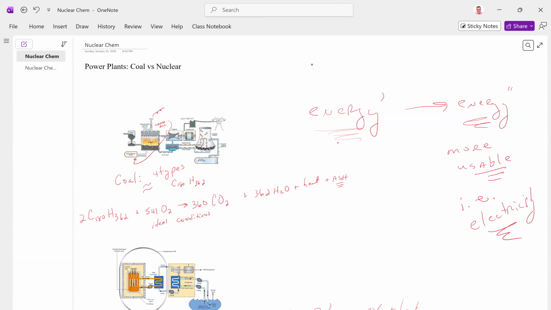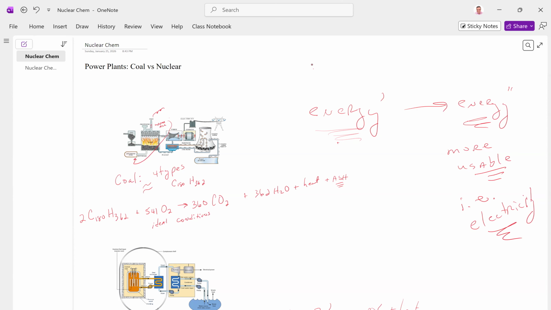Okay, so we have wind power, which turns the turbine with the wind. Turbine turns a generator, produces electricity. Hydroelectric. Water pushes a turbine that generates electricity. Photovoltaic is the only one that converts it directly to usable electricity or energy.